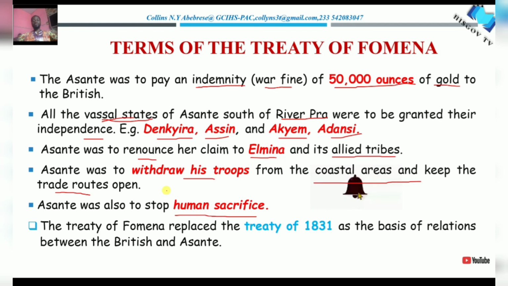It will affect the empire very, very much. So this treaty came to replace the Treaty of 1831 that was signed by Maclean, that we call the Tripartite Treaty in 1831, as the basis between the British and the Asante relations. And therefore, if Asante goes contrary to what they have agreed in this treaty, what will happen is that they will be attacked.